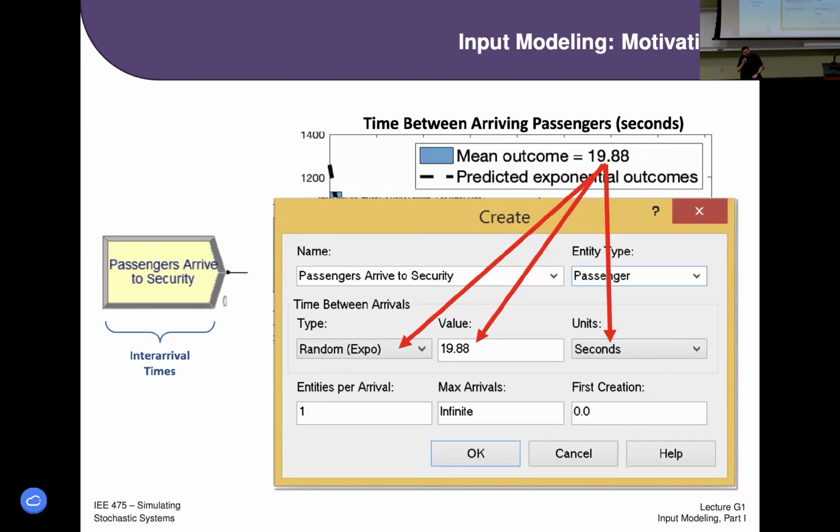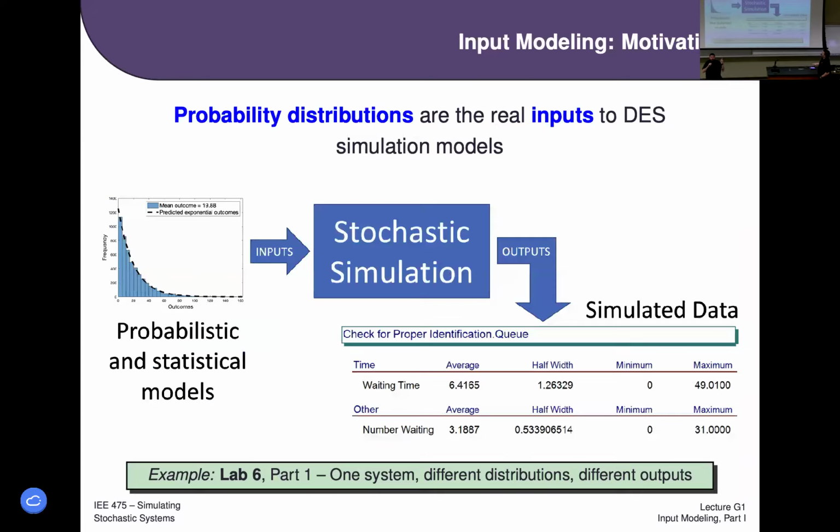So you put this stuff in, an exponential with this mean that matches my data, and you run that through your simulation, and you get outputs here. This is back when Arena used Crystal Reports, so it looked like this, but now you can find these in the Excel spreadsheet. You can find the average waiting time and half width. Every customer has a different waiting time, so you get variation there.